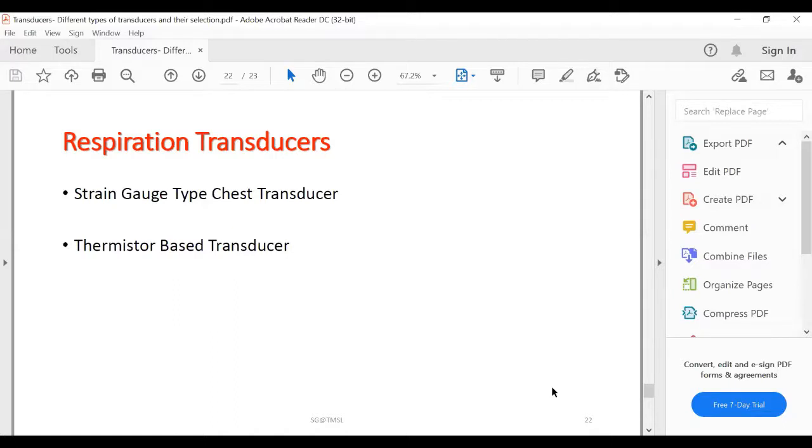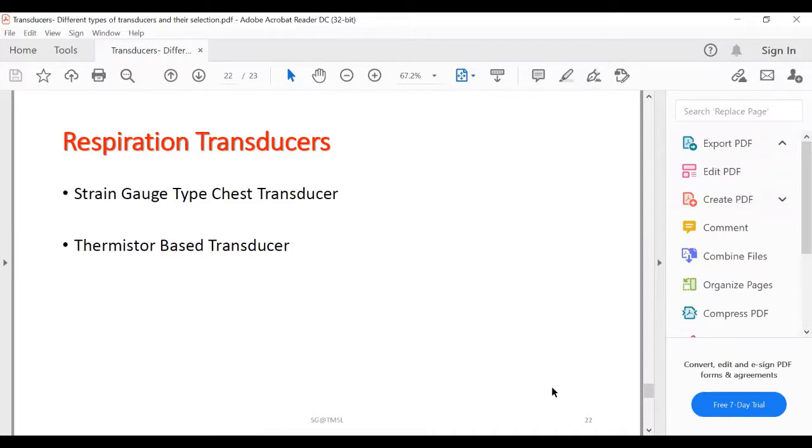The breathing action is controlled by a muscular action causing the volume of the lung to increase or decrease, to achieve a precise and sensitive control of the content of carbon dioxide in our arterial blood, which is a rhythmic action in the normal case. There are two types of transducers available for the measurement of respiration. One is the strain gauge based chest transducer, and another is the thermistor based transducer.